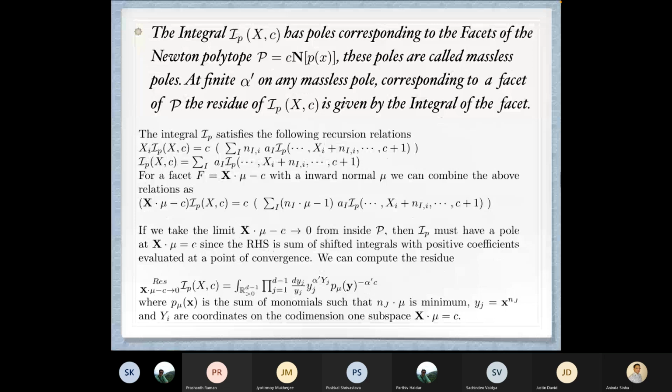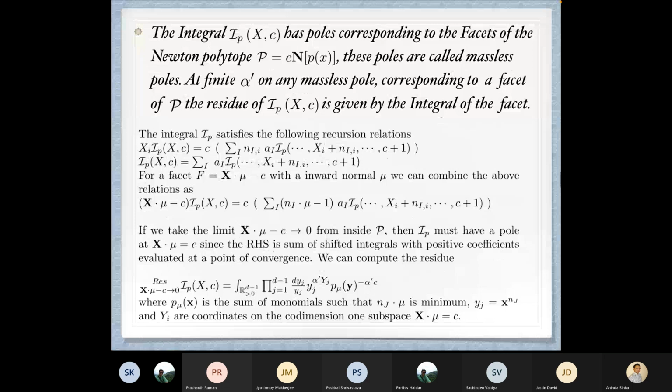That is, when I take x dot mu minus c to 0 from inside the polytope. The right hand side, which is just a positive combination of shifted integrals, has to be positive. So the only way it can be positive is if my integral I_P has a pole to begin with, right? Otherwise, it will be 0. So this is how we see that this integral has poles corresponding to the facets.